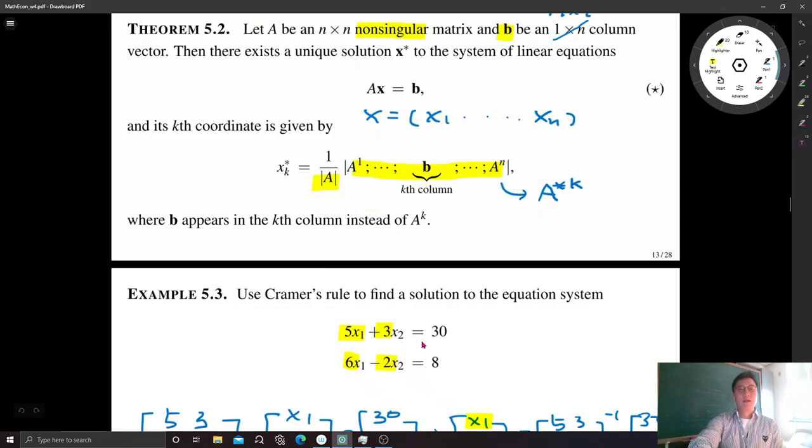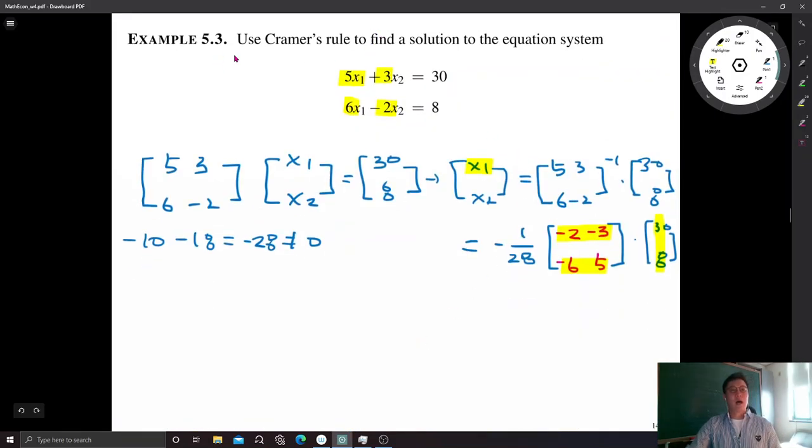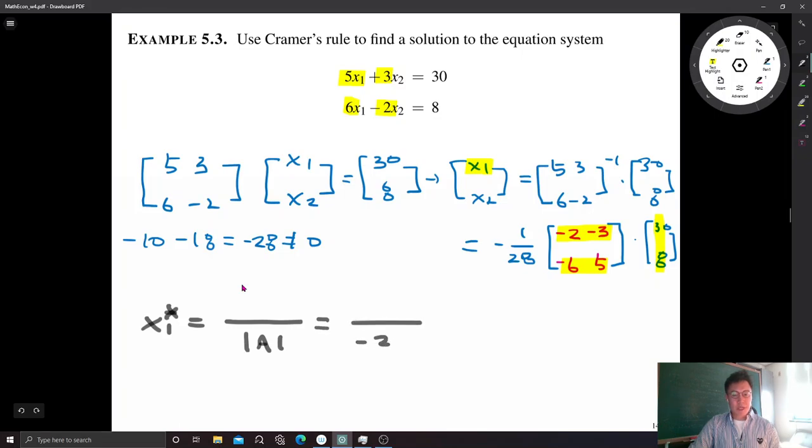Going back to the 2 by 2 example, suppose we are interested in the first variable, x1 star. We put the determinant of the original matrix A on the bottom, and we already computed that: it is negative 28.